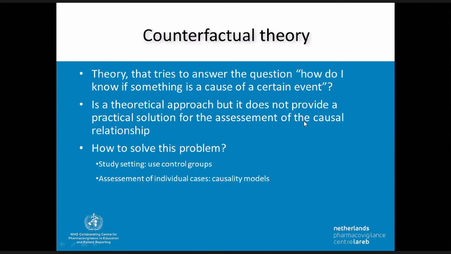They could be diseased and not given that exact type of drug. They could be given a different drug, maybe even a drug in the same class. Those are examples of control groups. I will explain this as we start looking at the Bradford Hill criteria, especially the strength of association. At the same time, you can also assess individual cases to see whether a drug actually causes a reaction.